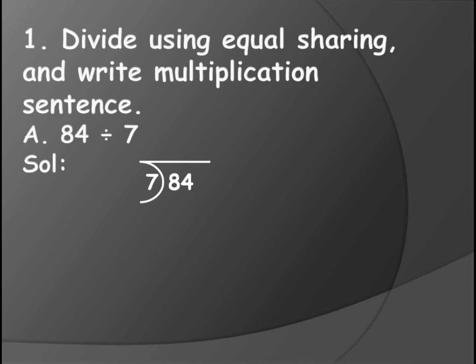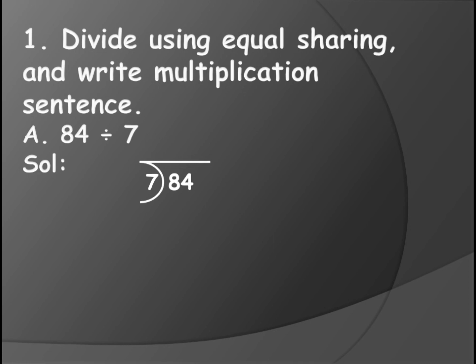So you have to first check whether you have 8 in the 7 table. Why the 7 table? Because 7 is the divisor, 7 is the number of groups, isn't it? Do we have 8 in the 7 table, children? No, right?